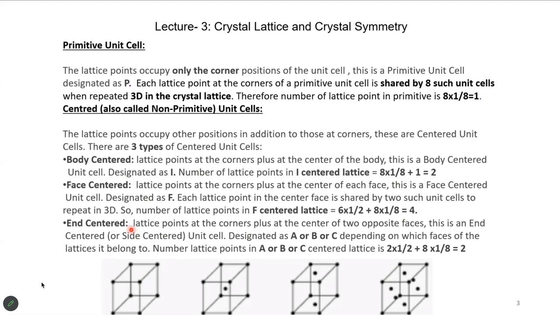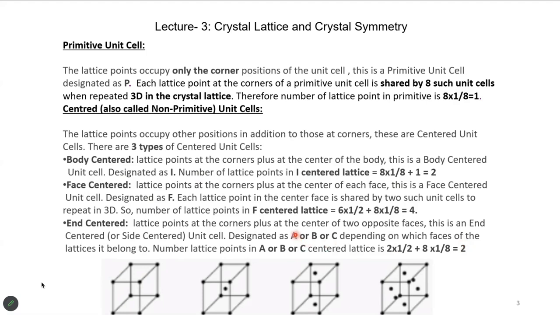If we go to the end-centered lattice, it means that we have a lattice point at the corners plus the opposite faces of the unit cell. And therefore, we will have two lattice points in the end-centered lattice. End-centered lattice can also be called a side-centered lattice.